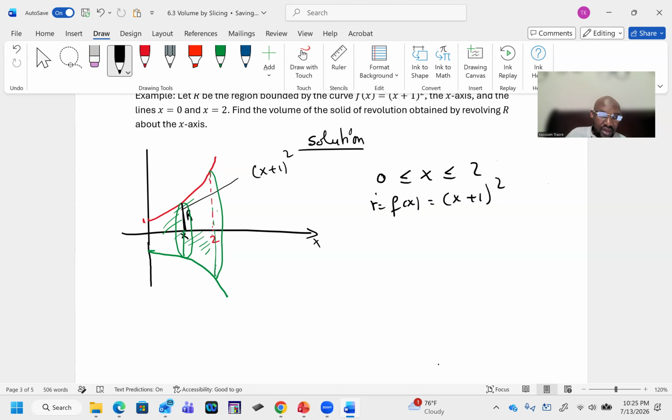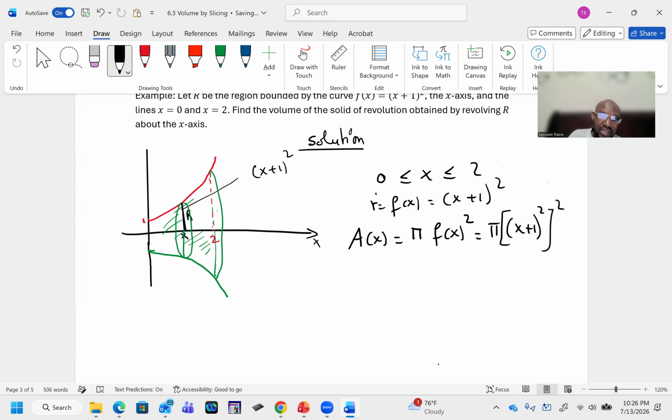Therefore, a typical cross section has an area. My area A(x) would be pi times (f of x) squared, which is what? Pi times ((x plus 1) squared) squared again.